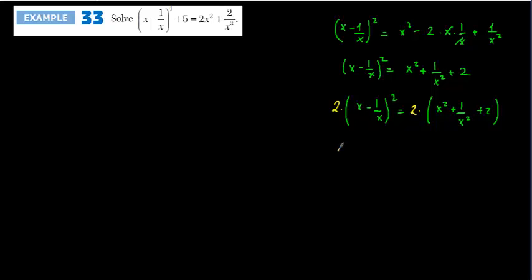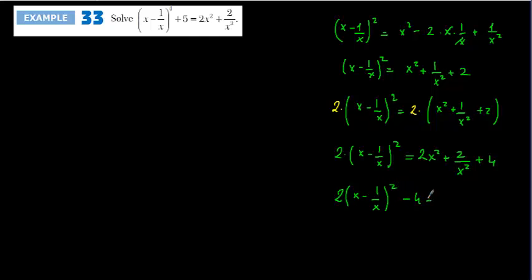Then I'm not going to multiply this side. 2 times x minus 1 over x squared is equal to 2x squared plus 2 over x squared minus 4, it's going to be. So instead of 2x squared plus 2 over x squared, I'm going to write 2 times x minus 1 over x squared plus 4 is equal to 2x squared plus 2 over x squared.